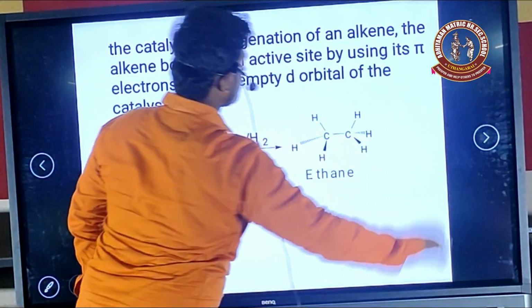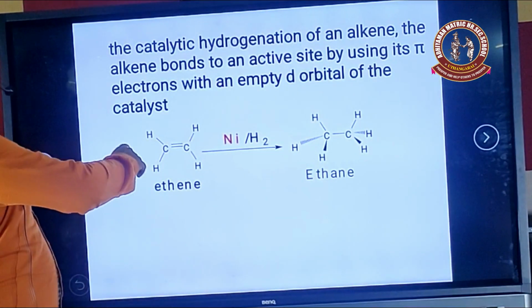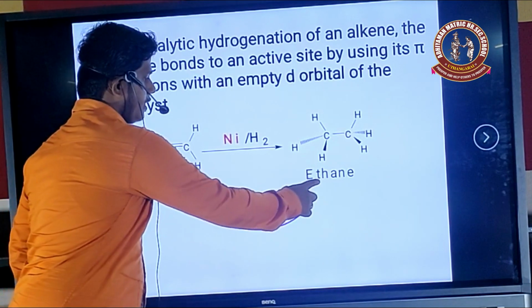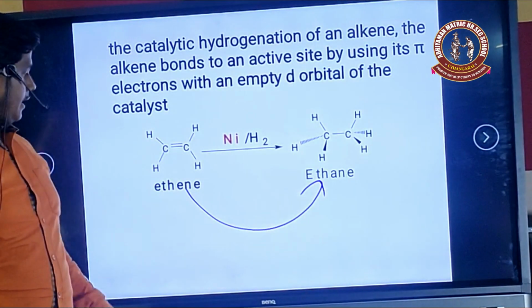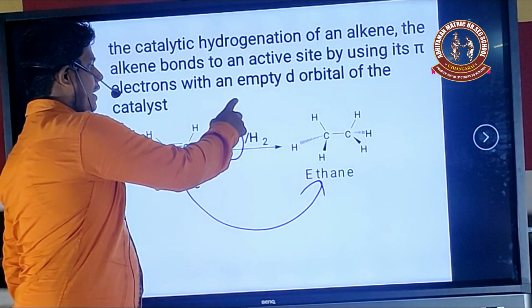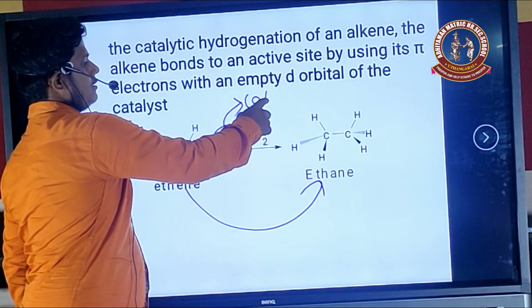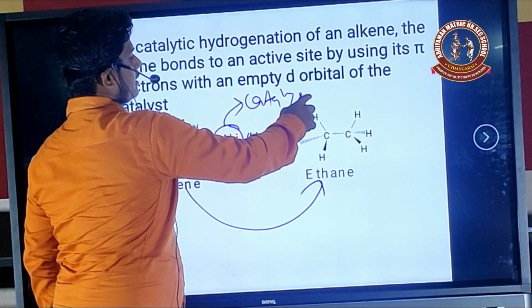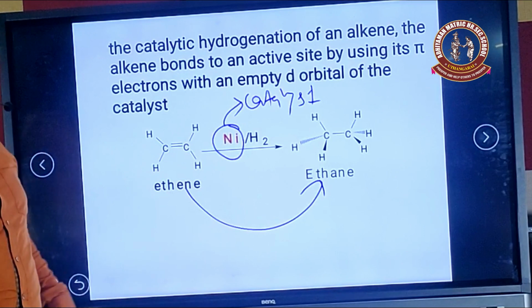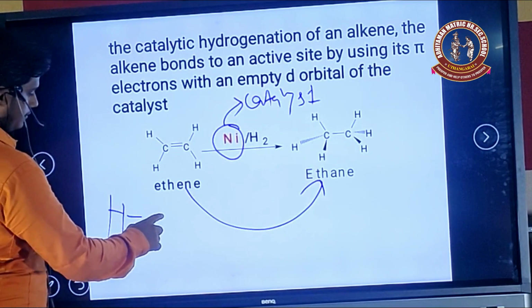You see, this is a hydrogenation of alkenes. Alkene is converted to alkane, like ethene is converted to ethane by using nickel as a catalyst. Here, first the hydrogen bond is broken.